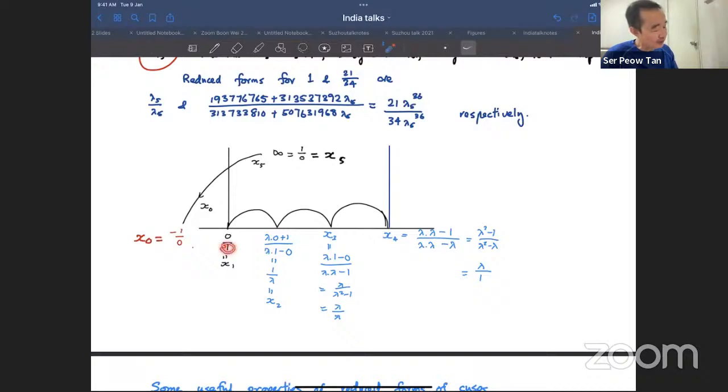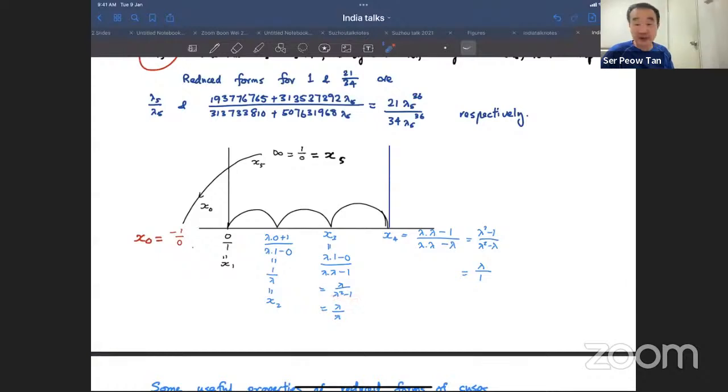Denominator is lambda times 1, subtract 0. So the numerator now becomes 1, denominator is lambda. So this is x2. To get x3, a3 is given by lambda times 1, subtract 0, and then b3 is given by lambda times lambda, subtract 1. So you get lambda over lambda squared minus 1.